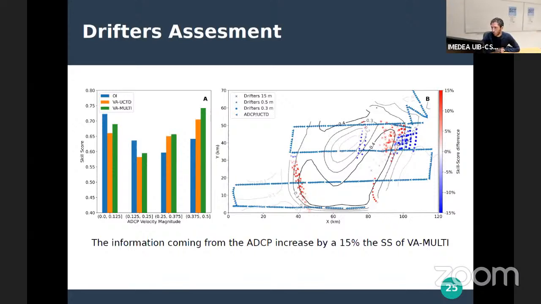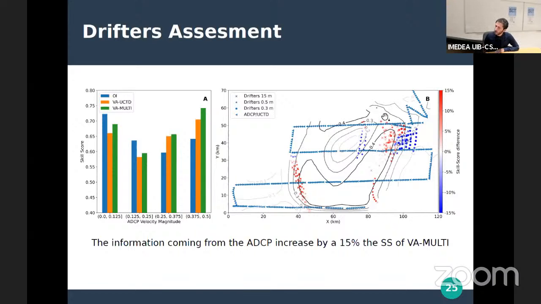And it's actually what we have been observing, seeing 50% improvements in the area where the ADCP velocities are stronger. In the map here, you can see the difference in percentage between the skill score of the multivariate analysis and the OI, the optimal interpolation.